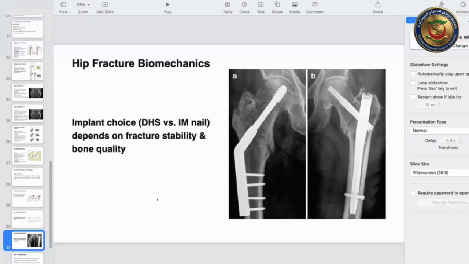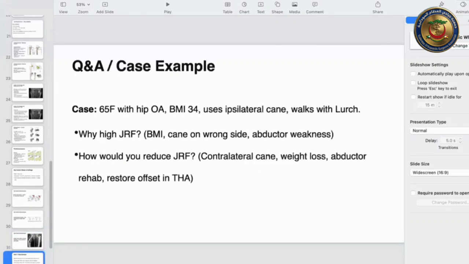Okay, carry on. The first question is why we have high joint reaction force. We have many components, as we see in that diagram. We have clockwise and anti-clockwise forces. The clockwise forces: the body mass index, the weight is so high, so it increases the joint reaction force. And the cane used on the wrong side also increases the joint reaction force.